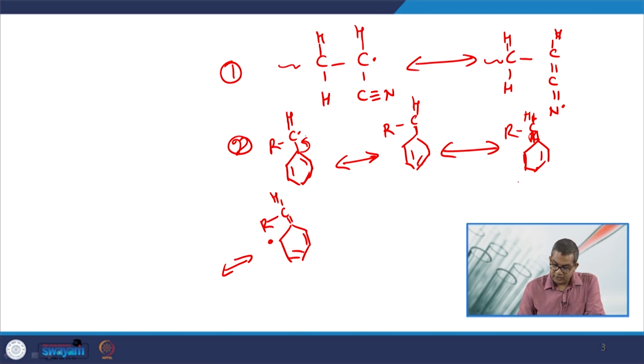This is the charge, the radical, being relocated over the period of time. Now see 1, 2, 3, 4 and 5, these are the structures.